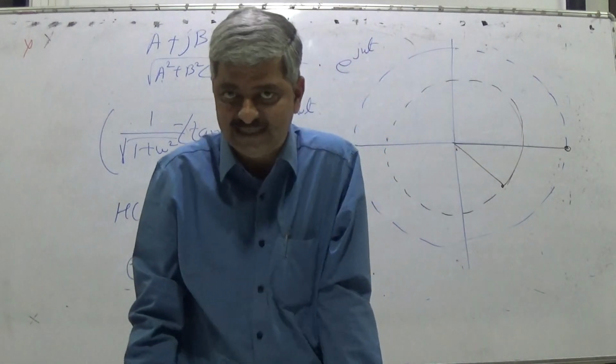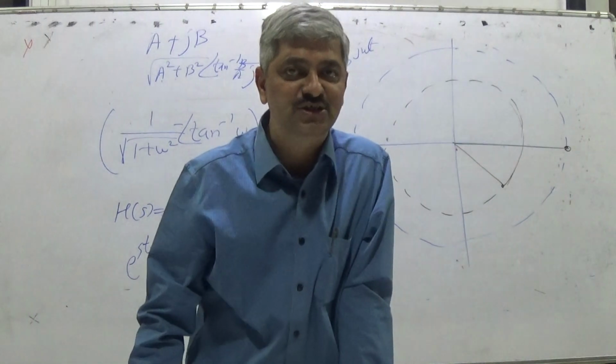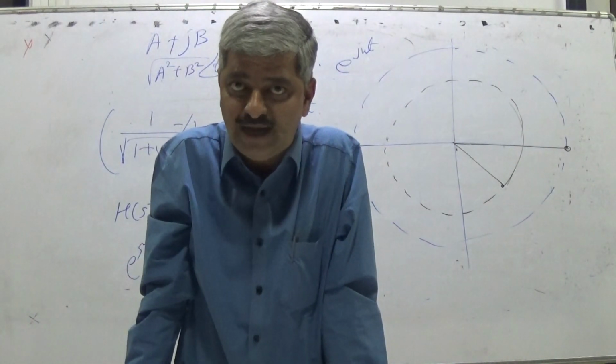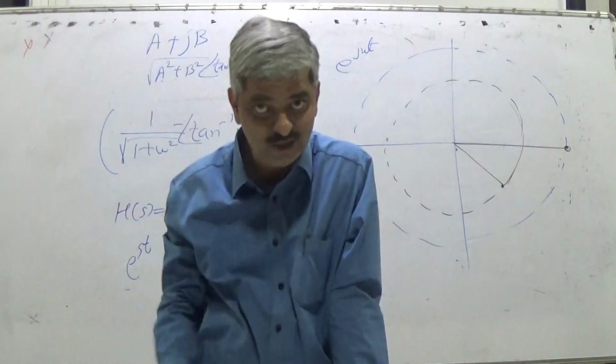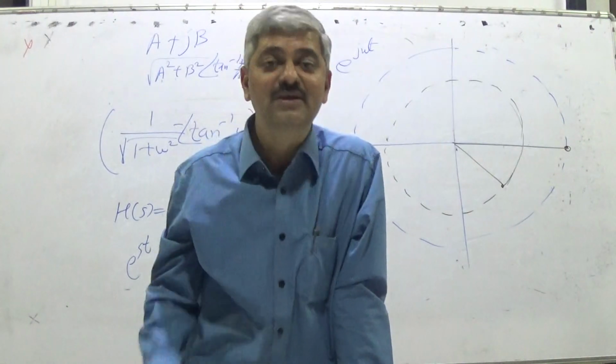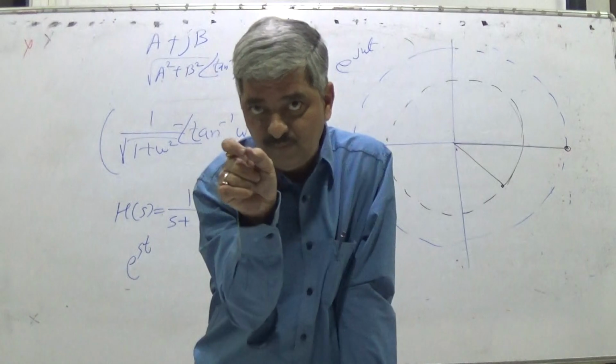Remember, a complex exponential with both sigma and omega non-zero is a helix. A complex exponential with sigma 0 and omega non-zero is a rotating point. With omega 0 and sigma non-zero, it is an increasing or decreasing, decaying or expanding point.